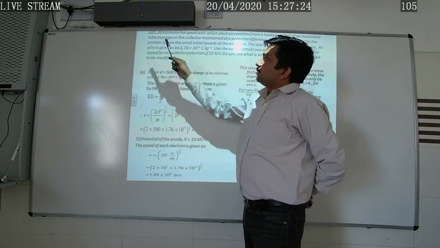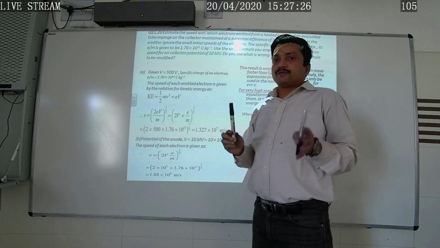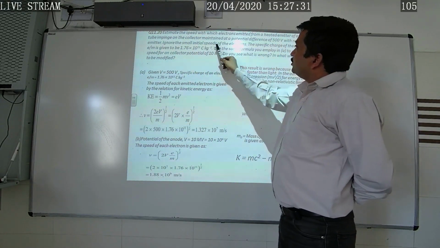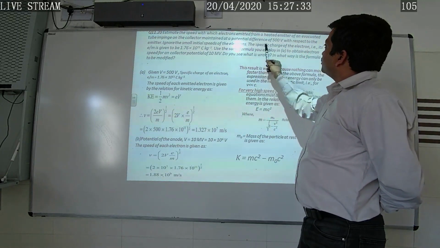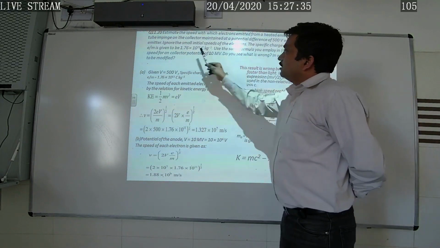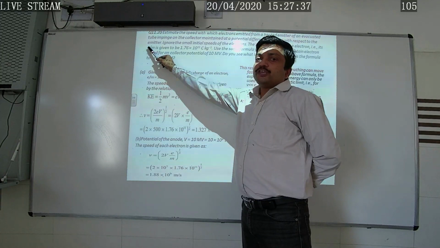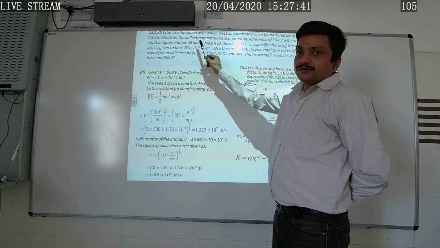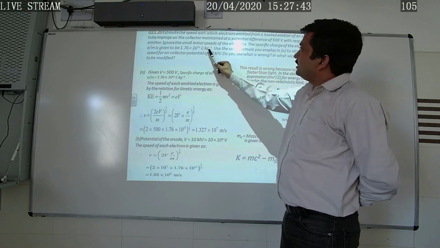Ignore the small initial speeds of the electrons. The specific charge ratio e by m is given as 1.76 × 10^11 coulomb per kg.